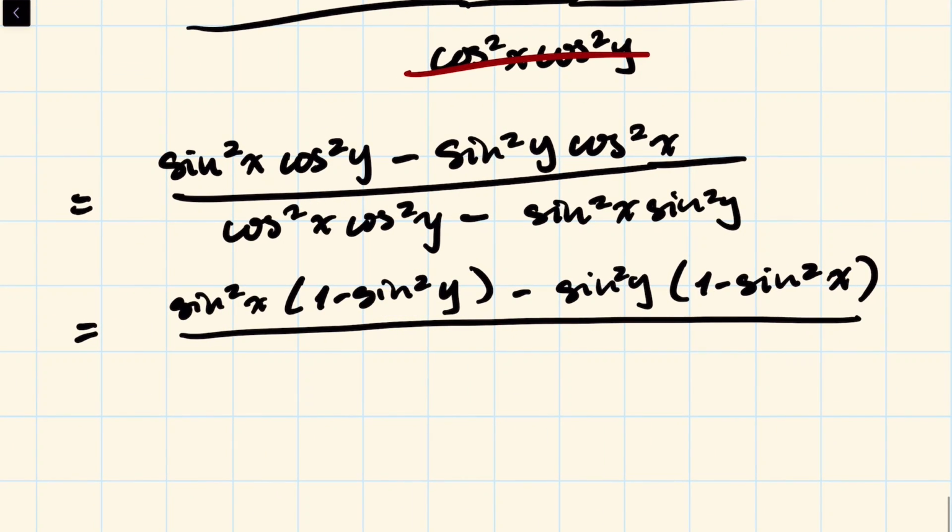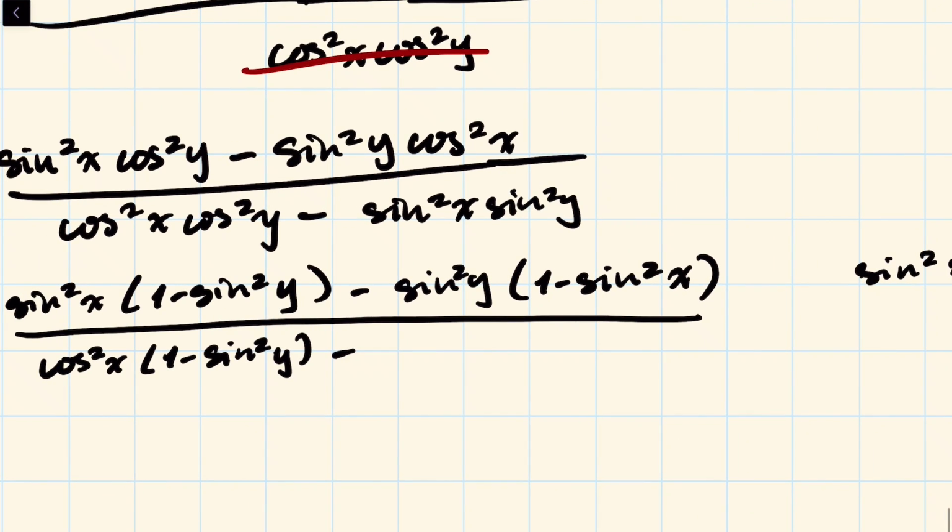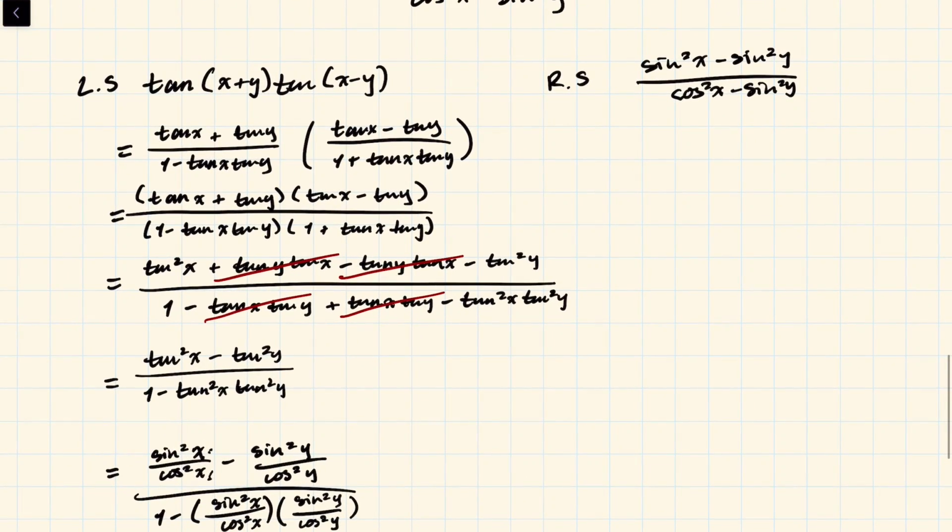And it's all over cos squared x multiplied by 1 minus sine squared y. That's by the same Pythagorean identity. And we'll do it here too, I suppose. We'll change this into a cos squared x times sine squared y. Okay, that gets us closer to where we want to be here.